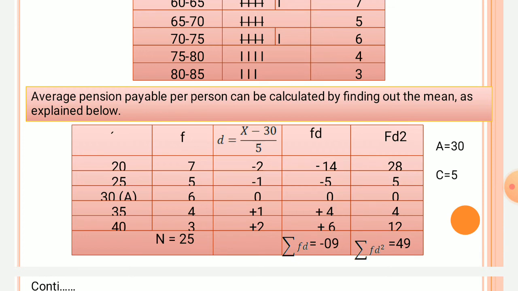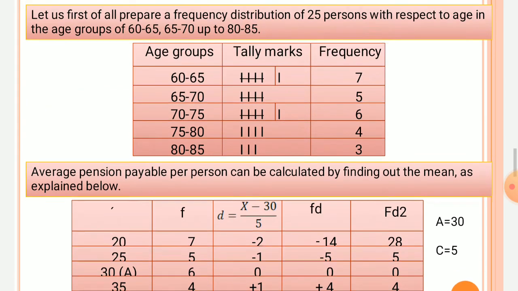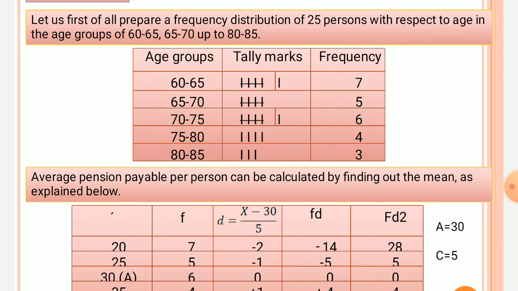x is the given value, 20 minus 30, divided by c, the class interval difference. Here the class interval difference is 60 to 65, 5 difference, 65 to 70, 5 difference, 70 to 75, 5 difference.